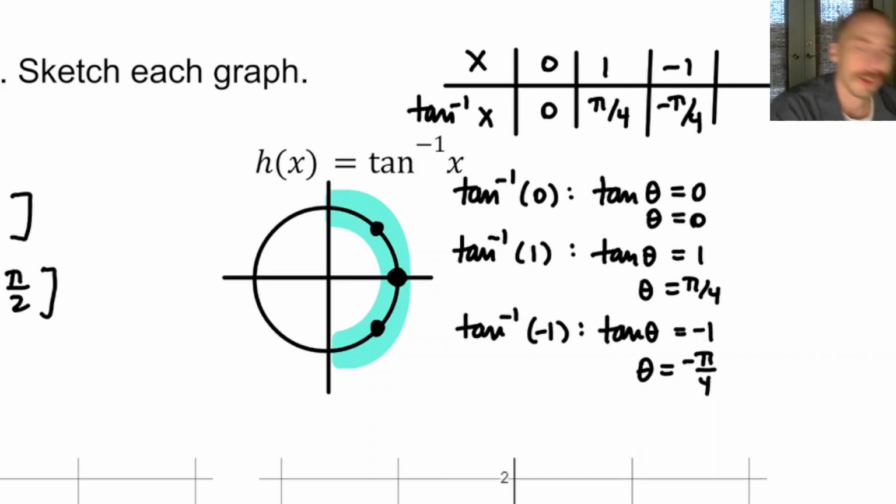Okay, now then there's this one other thing that I really want you to know about arctangent, and that's up here. What happens to tangent right there? What I would say is, as theta approaches pi/2, we know that cosine is approaching 0 because cosine is the horizontal distance from the y-axis.